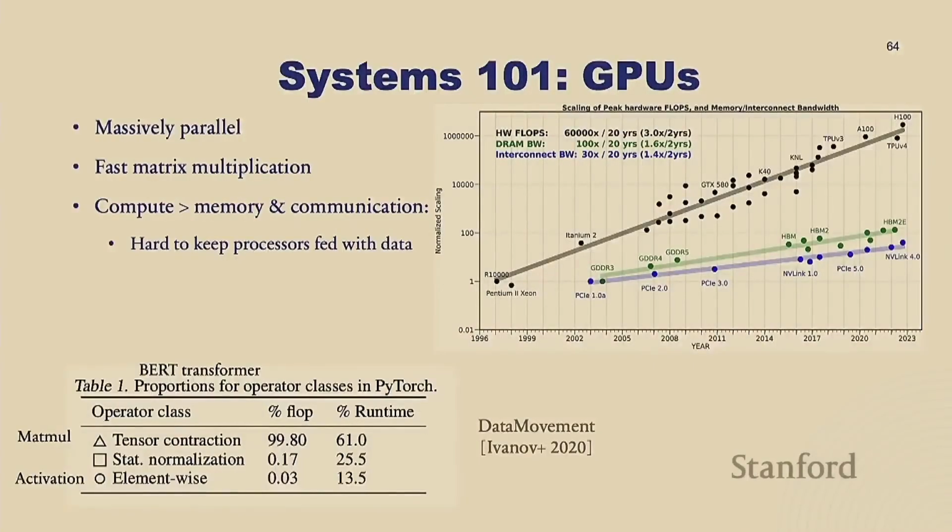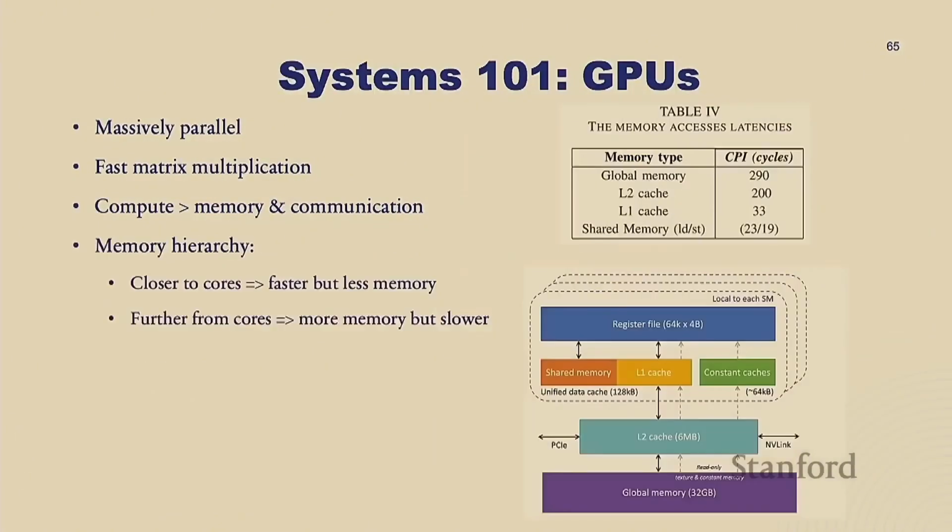So right now, the data that you send to GPUs is hard to keep up with the processing. Most of your GPUs are going to be idle if you just run normal code without optimizing it, and this will continue over time.